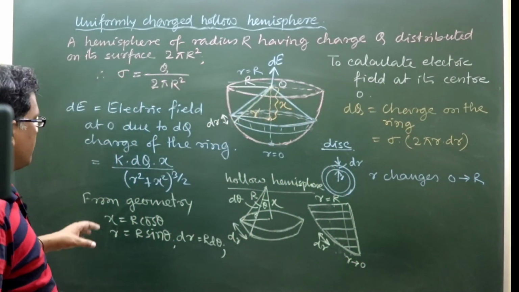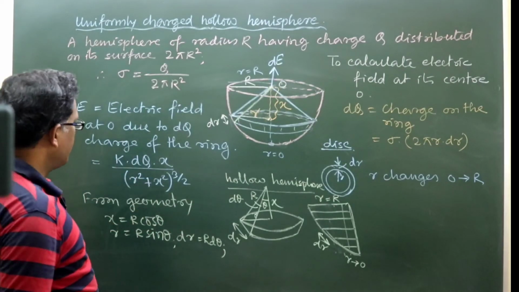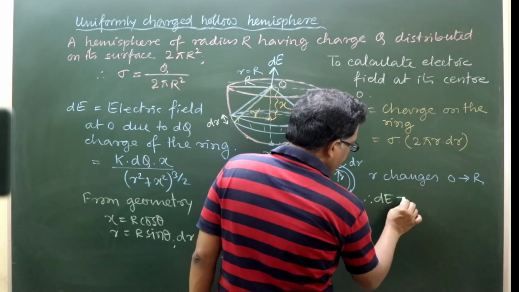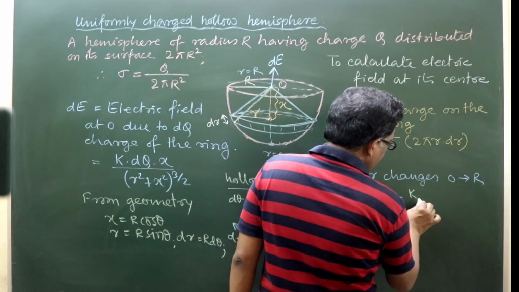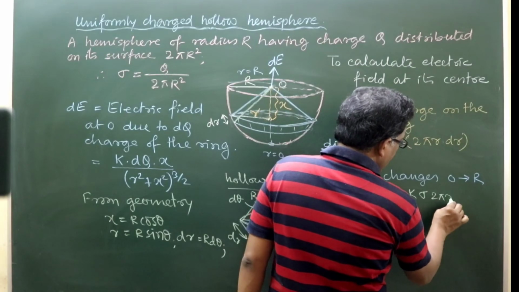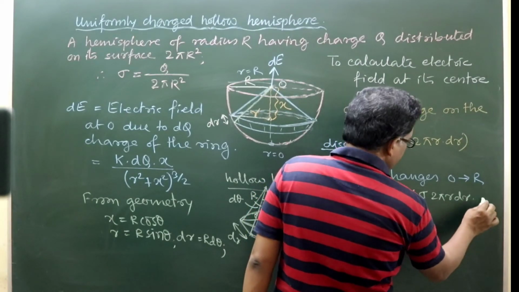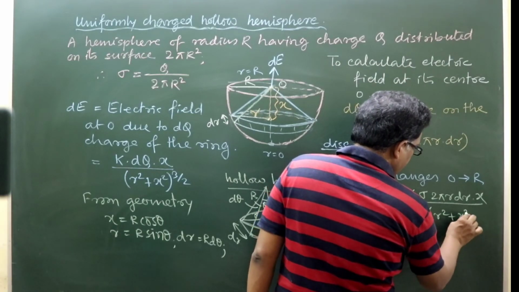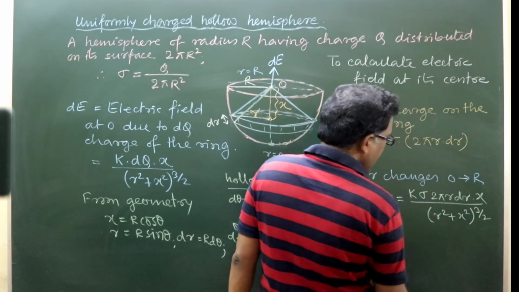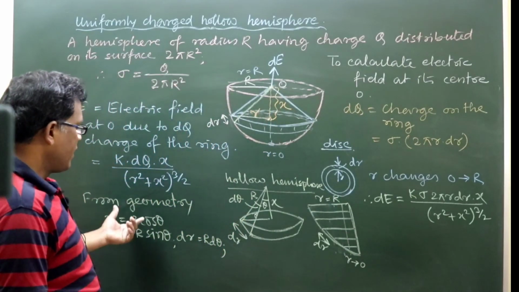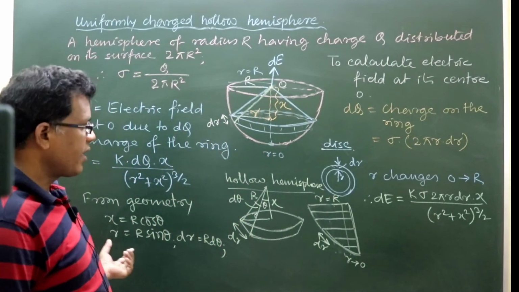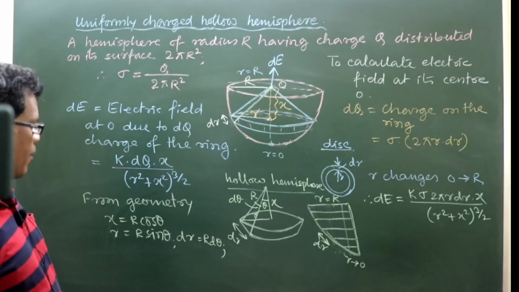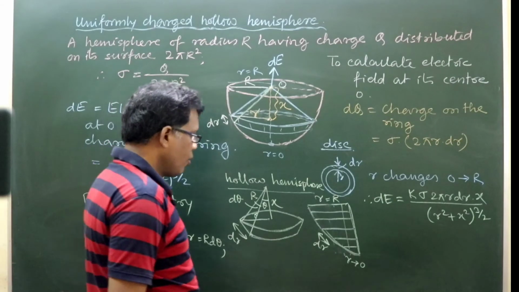So the actual dE, which was k sigma 2 pi r dr, into x divided by small r square plus x square to the power 3 by 2, will be changed with this replacement. Instead of x we will write R cos theta, instead of small r we will write capital R sin theta, and dr will be R d theta.